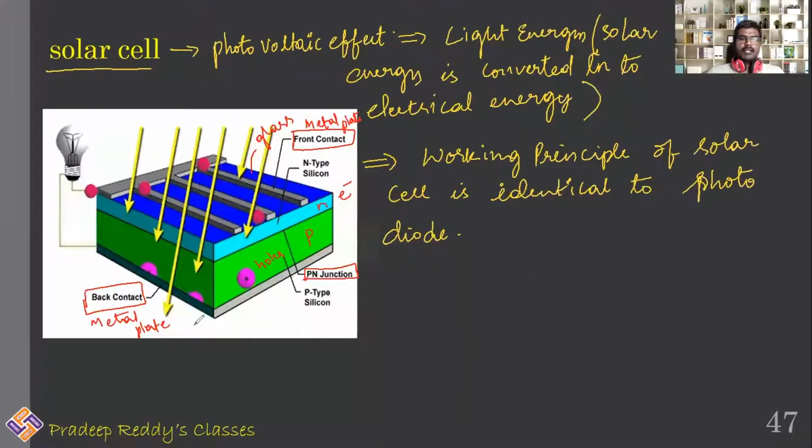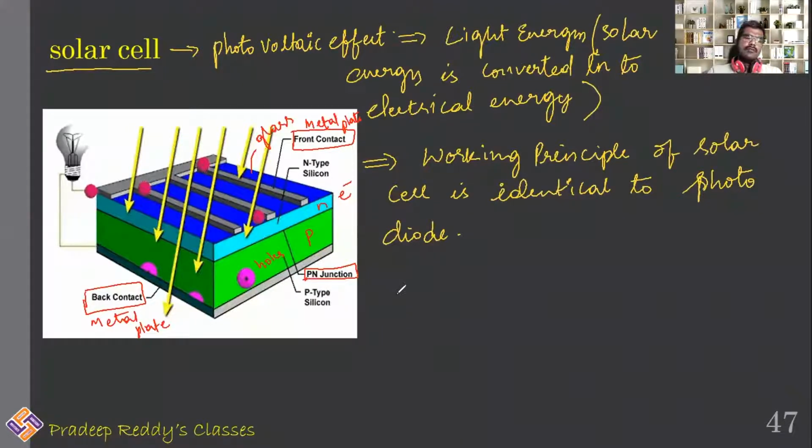Right? Now what actually happens, you can see in the animation. The principle is the same as that of a photodiode. When light is incident in the depletion region, electron hole pairs are generated there. Because electron hole pairs are generated, they will be pulled by the electric field, as there are metal plates in the front contact and back contact.